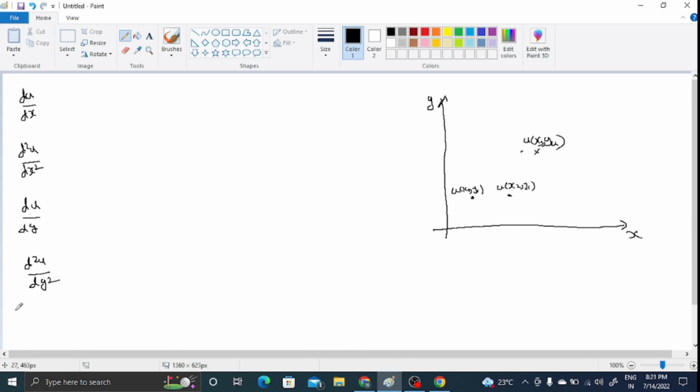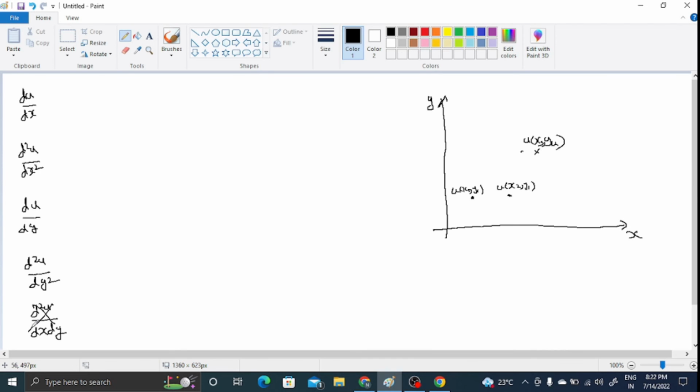We can also see d square u by dx dy, but for our discussion we are not considering that particular term. So for our discussion we have four terms: du by dx, d square u by dx square, du by dy, d square u by dy square. We have to know how to represent all these four terms using the finite difference approximation.